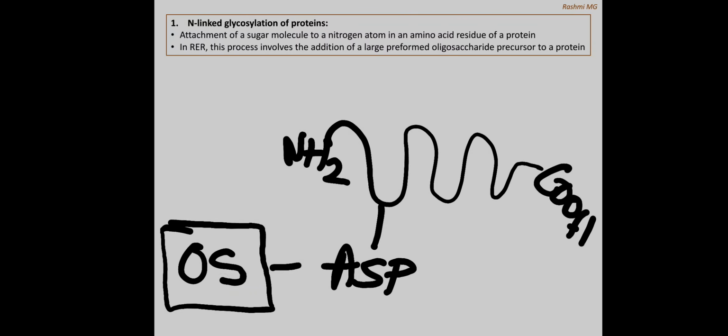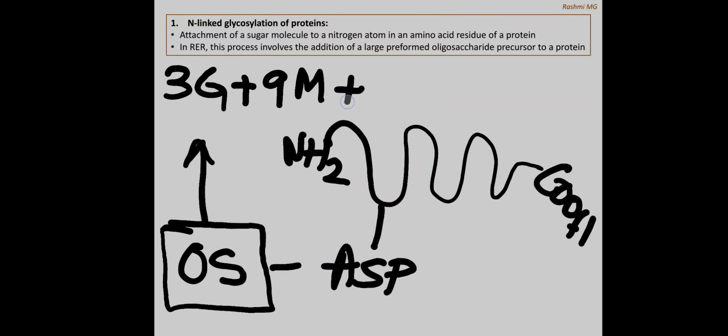Oligosaccharide, I'll write it as OS. This oligosaccharide is made up of 3 glucose plus 9 mannose plus 2 N-acetyl glucosamine.